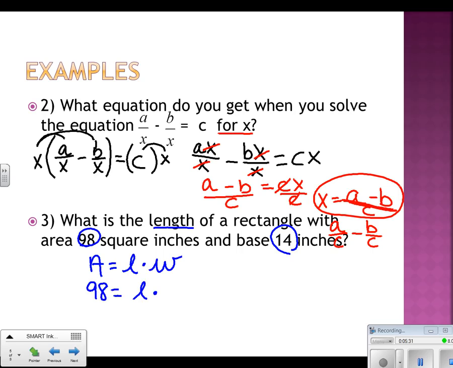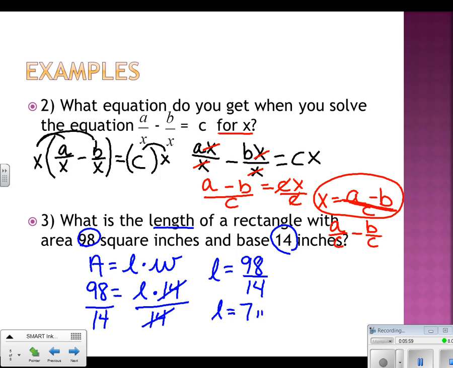The width, or the base, is 14. So now we're going to solve for the L. We're going to divide to undo the math. So L is 98 divided by 14. And when we simplify that, the length is 7 inches.